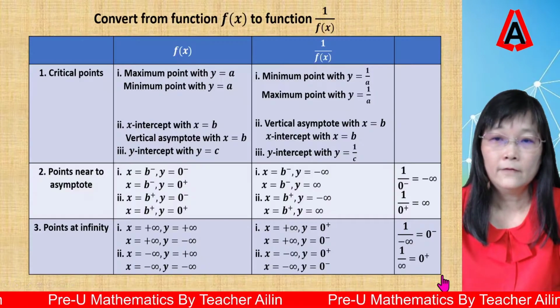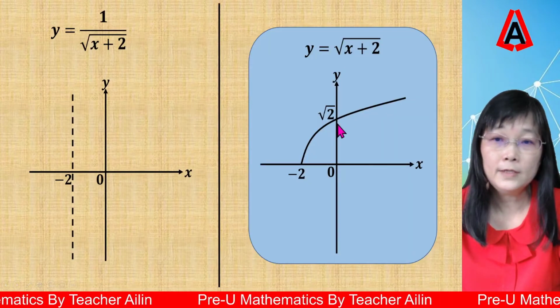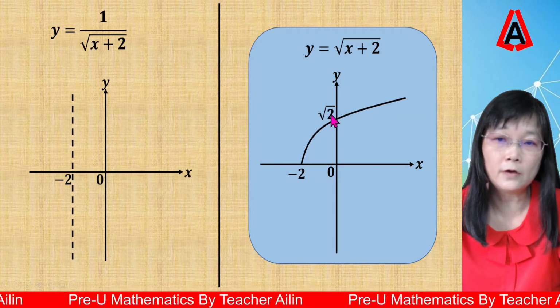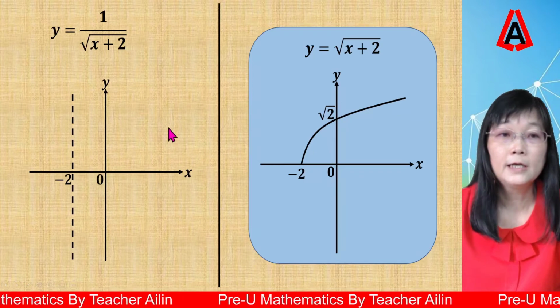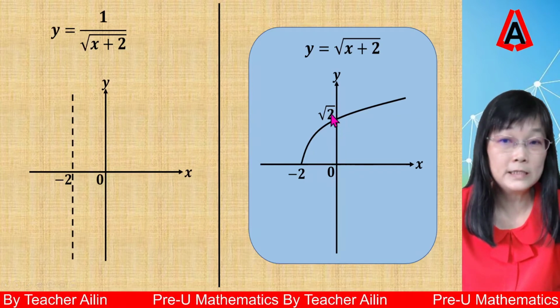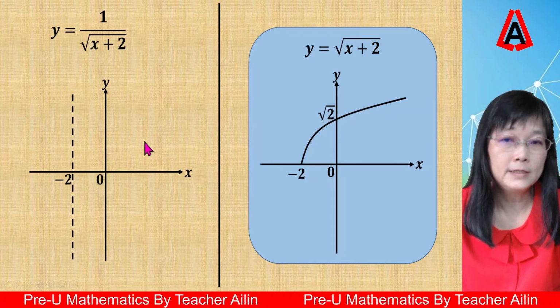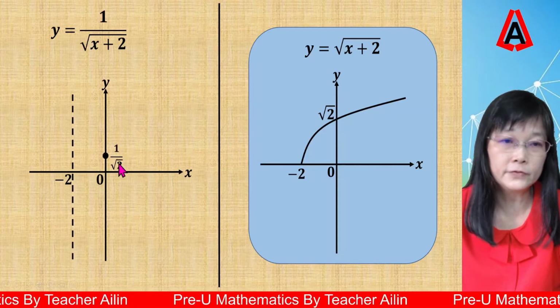Then for the y-intercept, the y-intercept is square root of 2. When converted to the reciprocal function, it is still the y-intercept, but the value of the y-intercept becomes 1 over square root of 2.